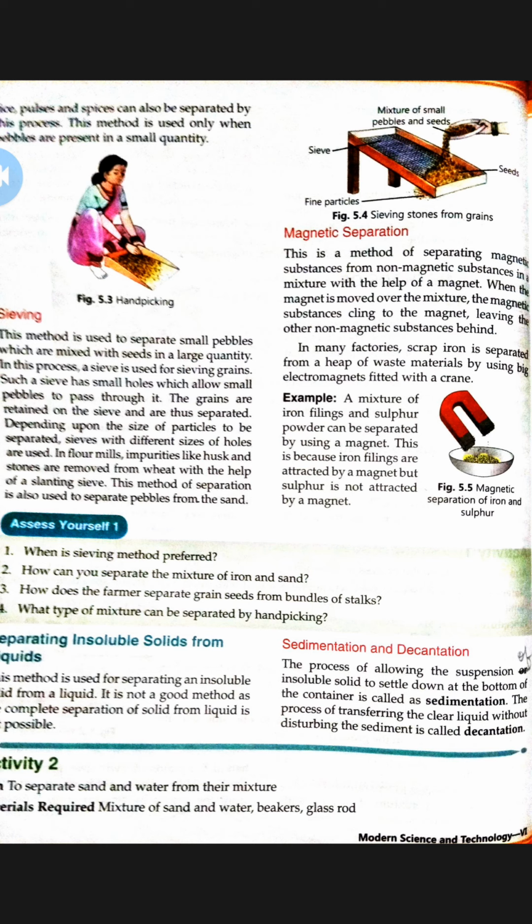With the help of a filtration material you filter all the tea leaves out and you drink only the liquid part. You remove all the tea leaves with the help of that.